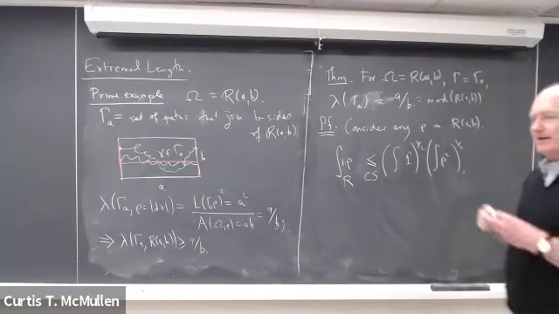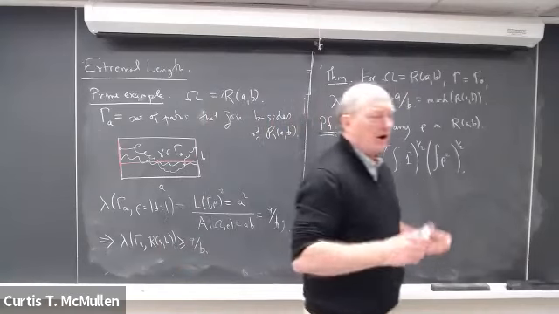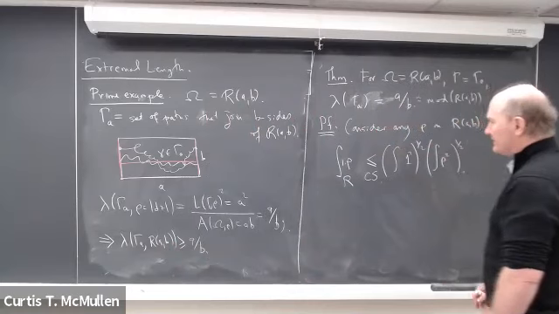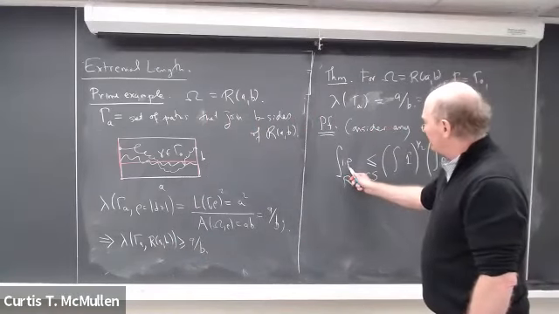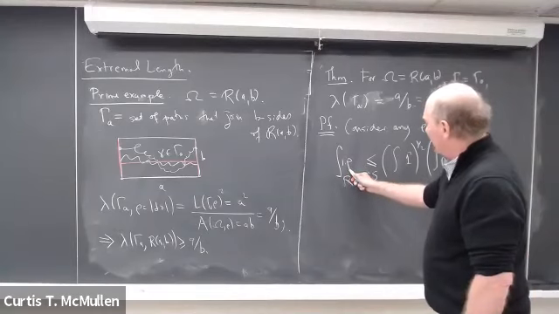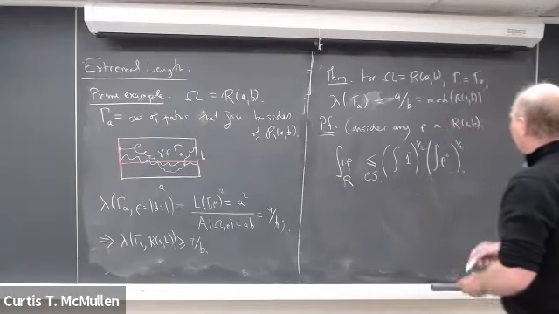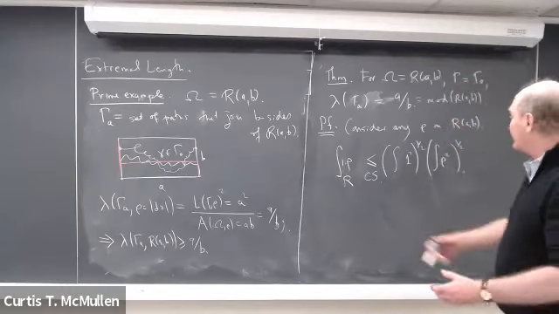And this is a consistent feature of all applications of extremal length. The argument always turns on the Cauchy-Schwarz inequality, and this is how it's used. This integral is something we're going to be able to interpret in terms of lengths because it's the integral of just rho, and rho is something that likes to be integrated over curves. Here we get the integral of rho squared. That's something that likes to be integrated over a region.